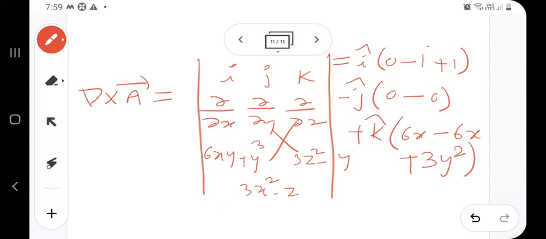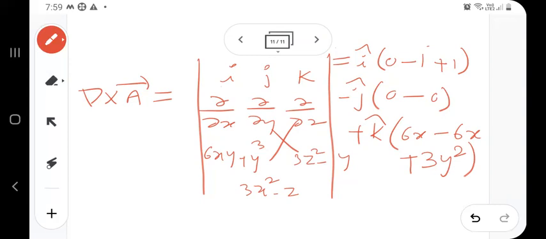Here the x component is 6xy plus y cube, the y component is 3x square minus z, and the z component is 3z square minus y. First, i cap into dou by dou y of 3z square minus y gives minus 1, minus dou by dou z of this first term, 0, so plus 1.